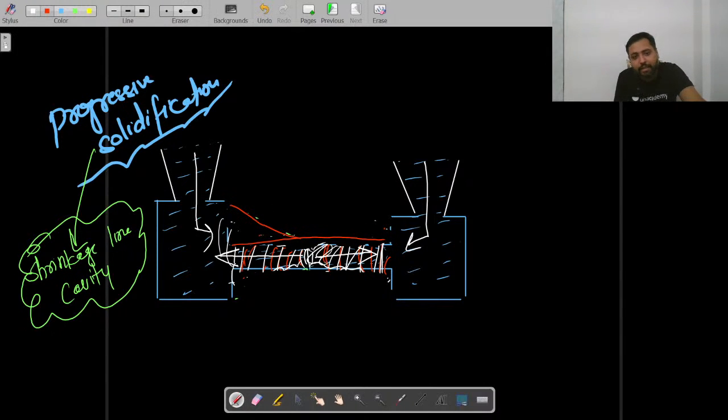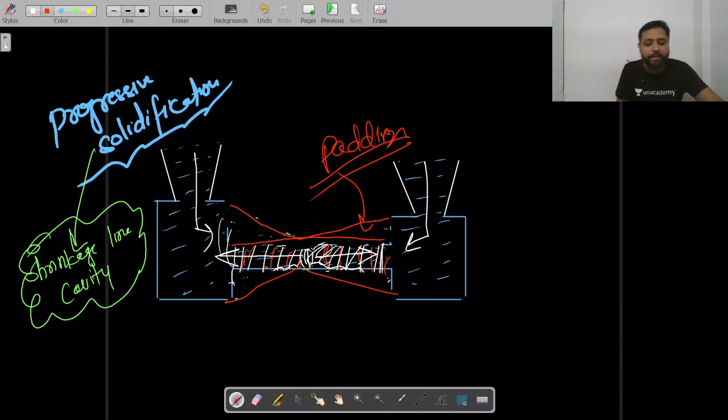Tapering this thinner section towards thicker is what we call padding. So how is padding provided? By making the thinner section tapered towards the thicker section. That is what you call padding.